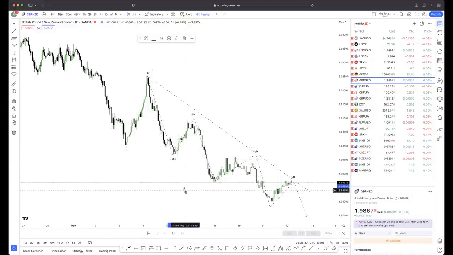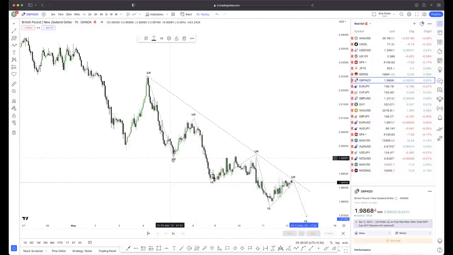So like I said, this is how the downtrend looks on a real chart. So very, very nice and simple. We have a series of lower highs, lower low, lower highs, lower low, lower highs, lower low, and lower highs.